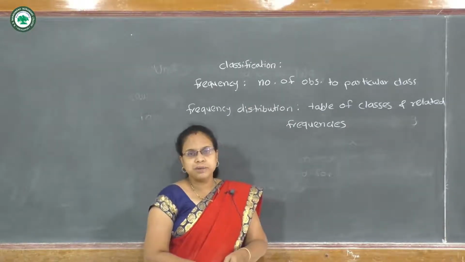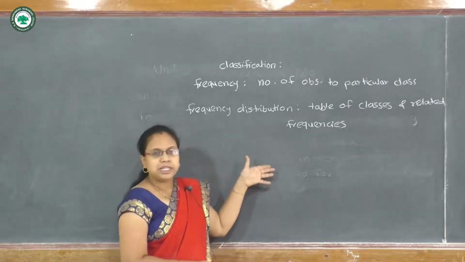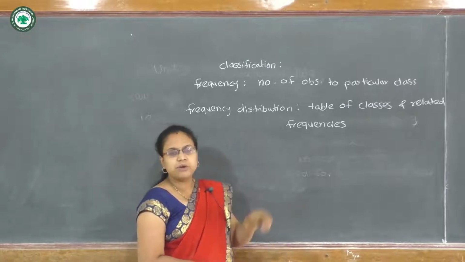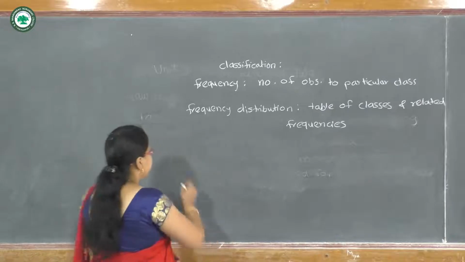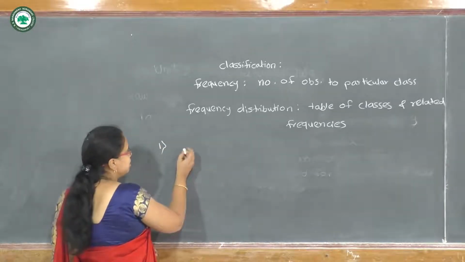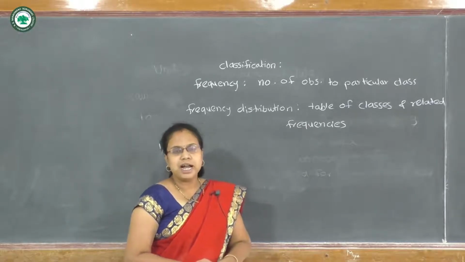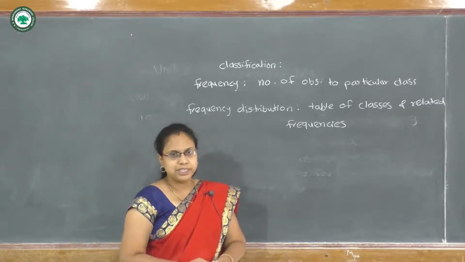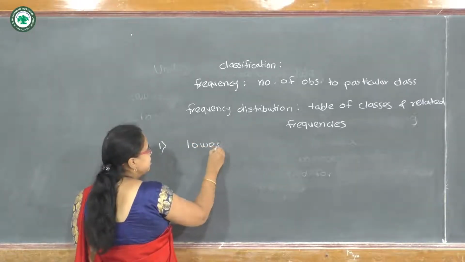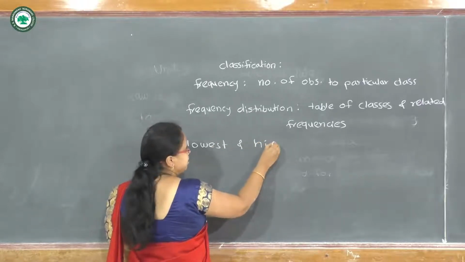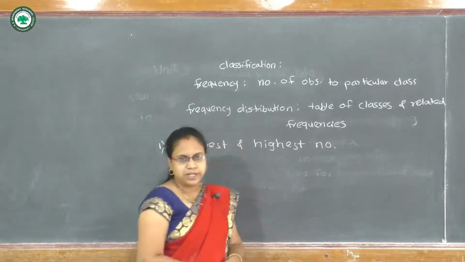There are certain steps to make a frequency distribution table for the given data. First step: we have to select the range of that data, that is, find the lowest and highest number in the given data.